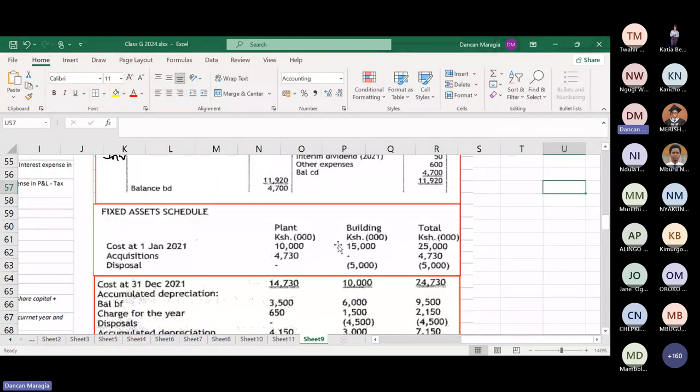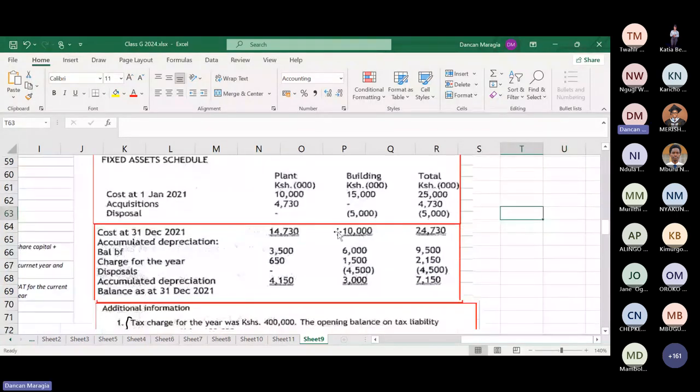So it could have been we acquired, but on credit. You get that? Acquisitions of plant for 730, but on credit, because we were not given directly. But now when we come here, under accumulated depreciation, charge for the year, depreciation charge for the year, 650 and 1500. So total depreciation charge for the year is going to be 2150. We started with accumulated depreciation of 3,500.